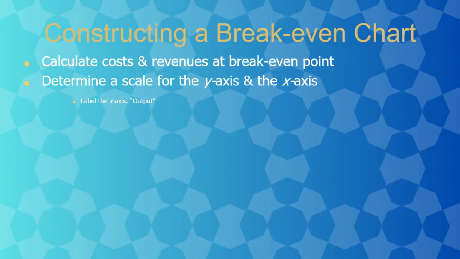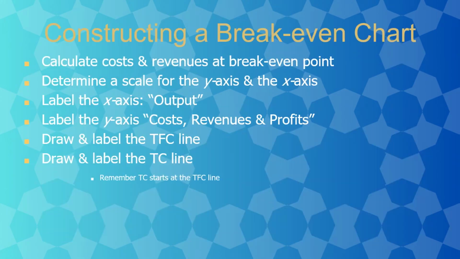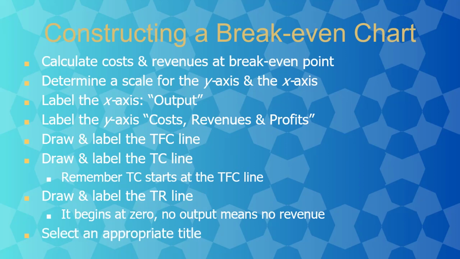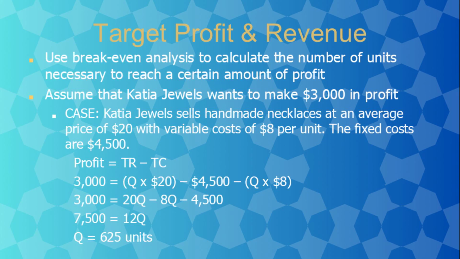To construct a break-even chart, calculate costs and revenues at the break-even point, determine a scale for the axes, label the axes, draw and label the total fixed cost and total revenue lines, and select an appropriate title. To determine the number of units needed to achieve a specific profit, we use break-even analysis.